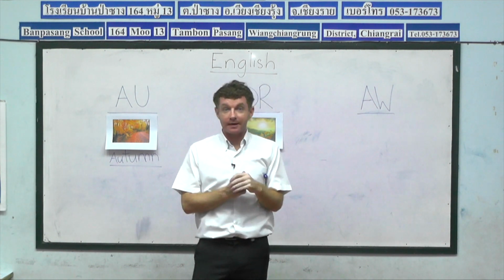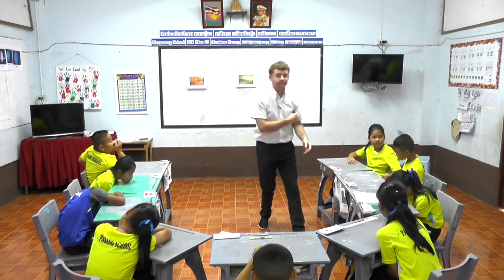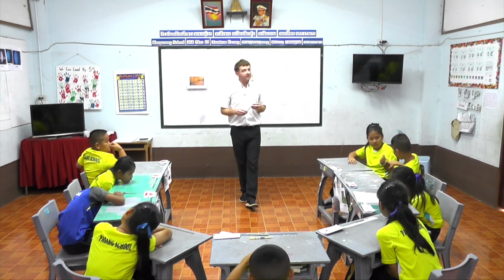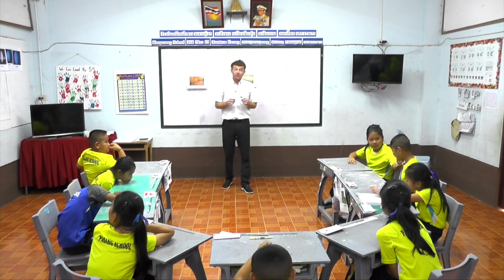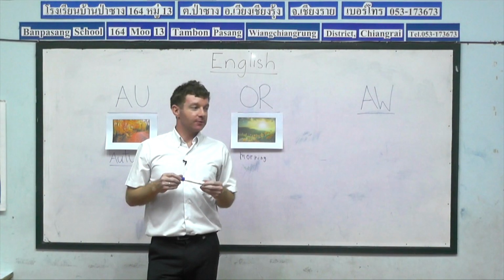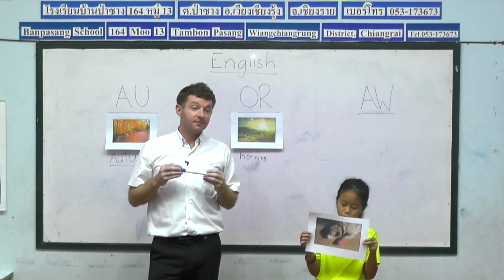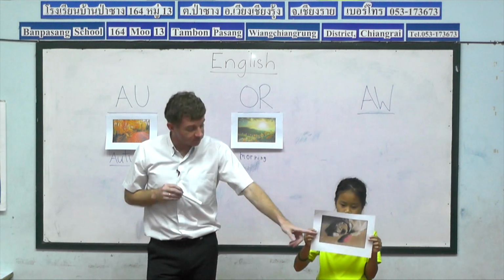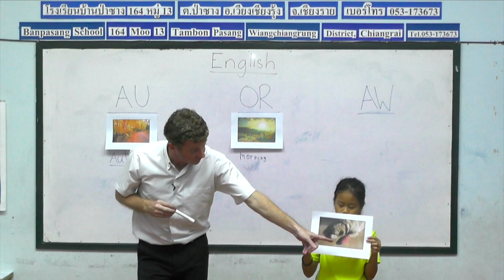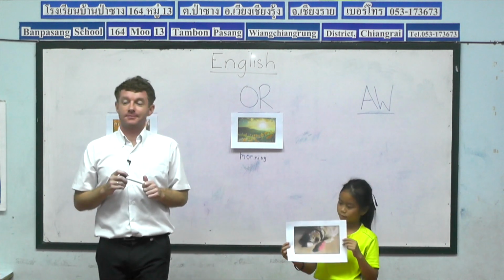Next flashcard, next student. Now the flashcard is with Prel. So Prel, can you come and show your flashcard to class, please? Okay, so what can we see on Prel's flashcard, guys? We can see a dog, and what's the dog got? Paw, yes. How do we spell paw?